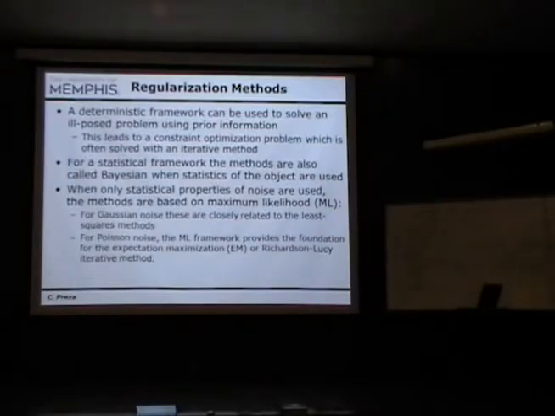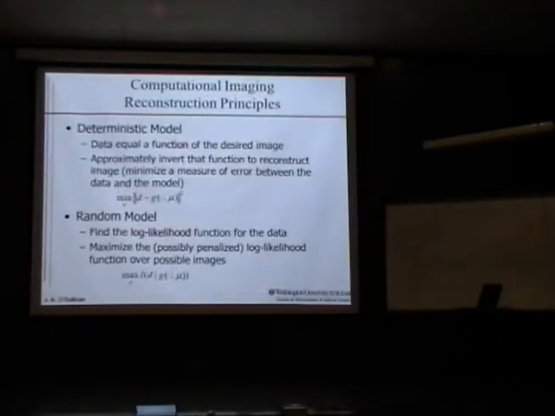So there are different groups that developed this algorithm, but essentially it's the same thing. And I'll talk more about the EM algorithm, but I'll try to keep it on the lighter side, okay? So let's see what comes next.